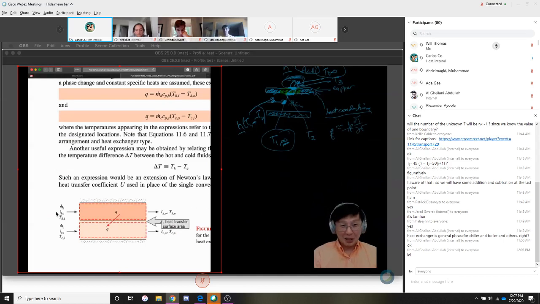Does someone care to explain to me why they use the letter I for enthalpy instead of H? It's pretty obvious. Anybody? Why would you use I instead of H for the heat transfer coefficient? Well, I said it. Because H is the heat transfer coefficient.